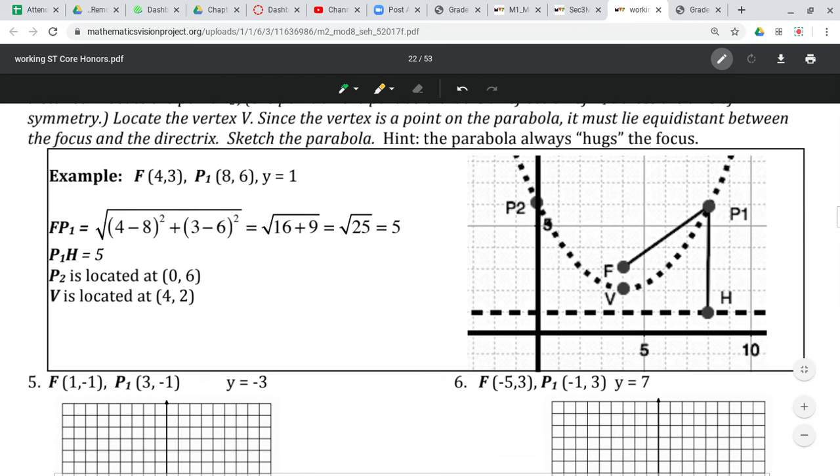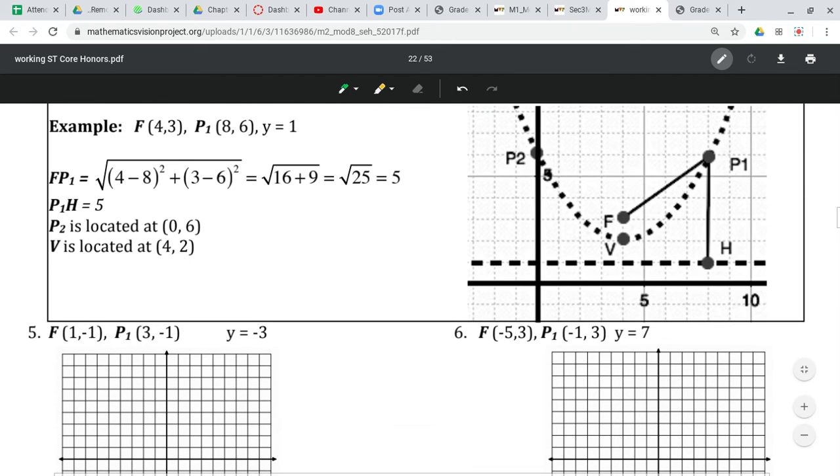So lots of words up there, but basically we're going to be given the focus and a point and the directrix. We're going to graph these 3 things out. Then we have to find the distance between the focus and the point. And just like they did here, we had the focus, the point, and the directrix.